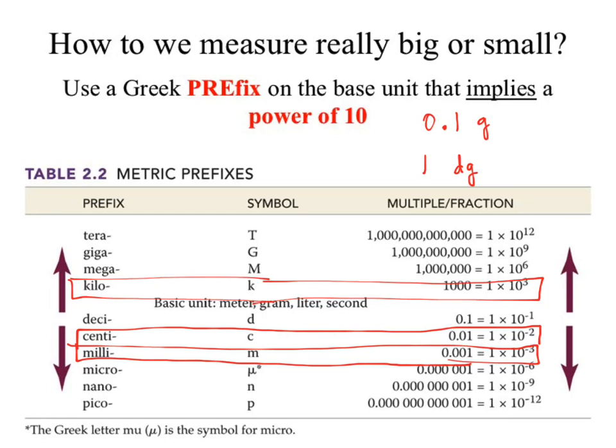Which is easier to write? They're about the same. And as long as they're about the same, we'll go with whatever we stick with. If you try to say decigram, you'll find it doesn't roll off the tongue like, say, milligram does or kilogram does.